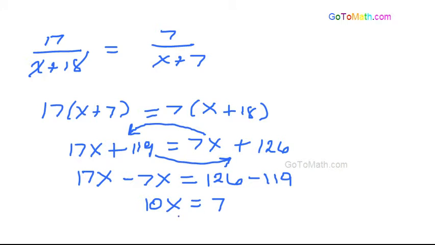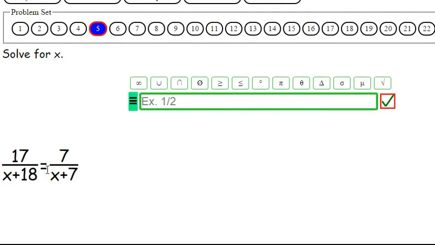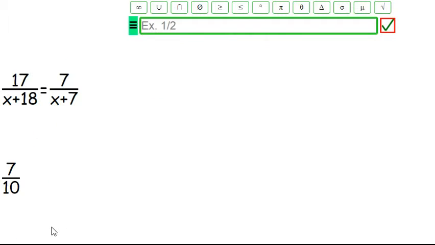Alright. And then of course, multiply both sides by 1 over 10. So x, you know what, let's write it over here. x shall be equal to, and we can't reduce that down any, 7/10. 7/10 is our solution. Let's hope anyway.